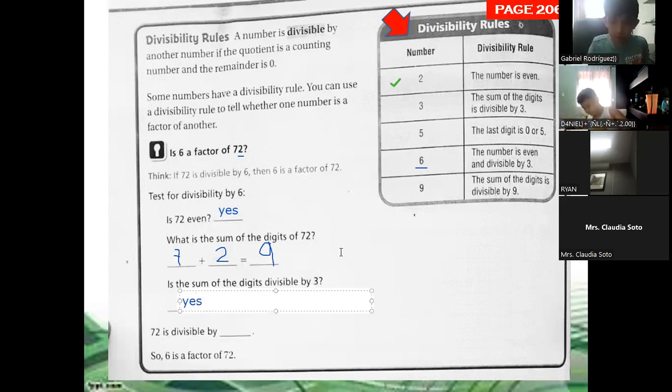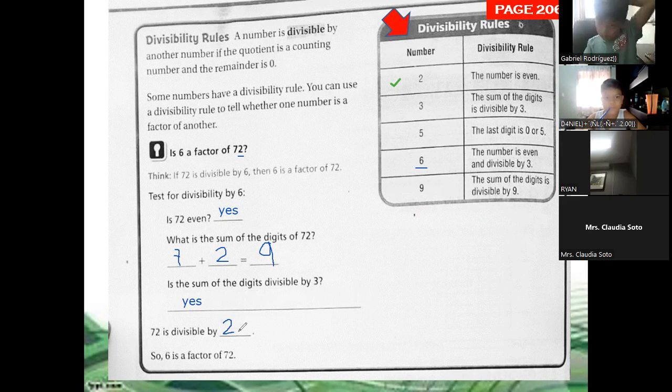Yes. 72 is divisible by 6, because this is what we are looking for. Let's write 2 and 3, because that's what the rule says.